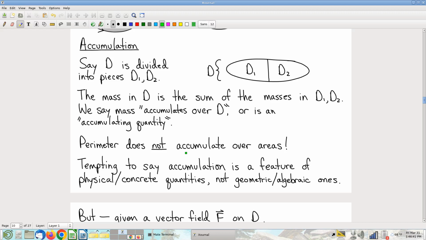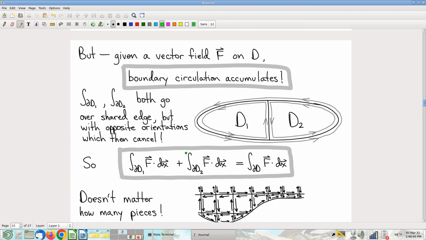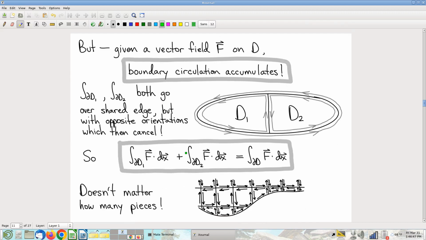And the reason I talk about this here is because we encounter a new accumulating quantity that doesn't seem at a glance like it ought to be, right? So the fact that boundary circulation accumulates is not only unexpected, but it's counterintuitive, right?